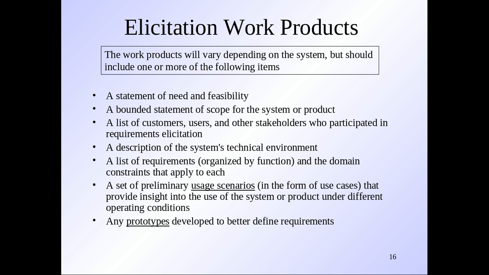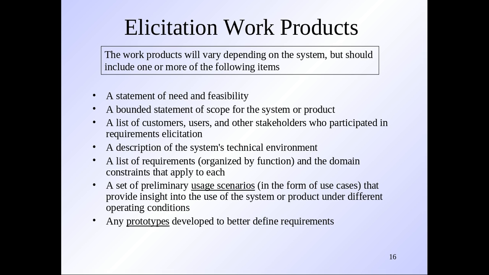Okay, so the initiation work product must be the statement of need and feasibility. You must understand the statement of need and feasibility, and the bounded statement of scope for the system or product. When we discuss that particular problem, whatever you list will be the need, and we will check the feasibility of that problem. Then a list of customers, users and stakeholders who participated in the requirement initiation.